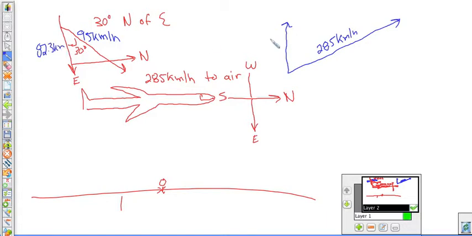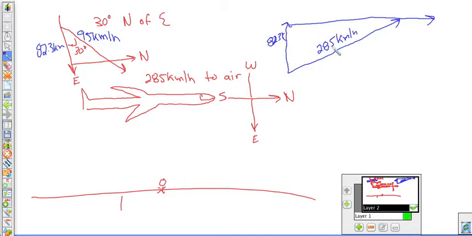That means I need to adjust 82.3 kilometers per hour in the west direction in order to compensate for this wind, which is blowing 82.3 kilometers per hour in the east direction, right? And then whatever this is right here is going to help me out. So this new vector is what I'll end up with in the north direction, right over here.